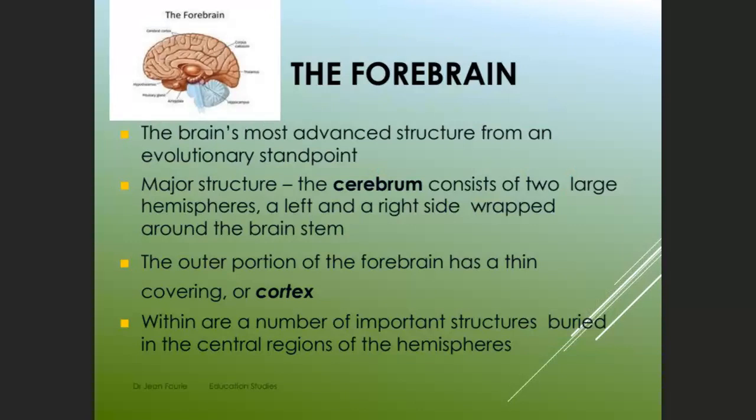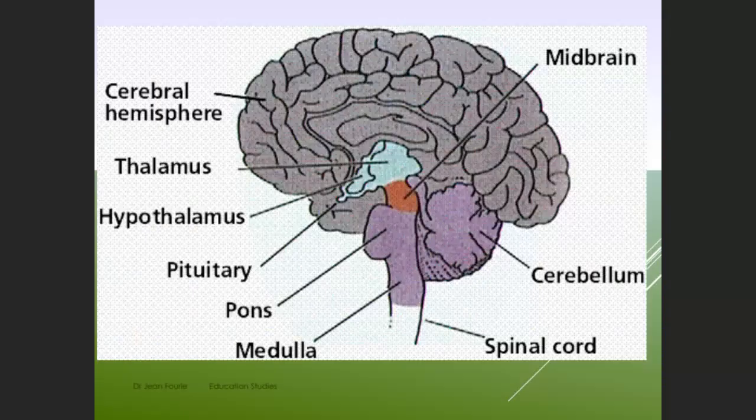The forebrain is considered the most evolutionary and advanced structure. It consists of the cerebrum, two large hemispheres, the left and the right, which are wrapped around the brain stem. And the outer portion of that is the cortex, which we have been speaking about. So within the brain are a number of important structures which are buried right in the central regions of the hemispheres.